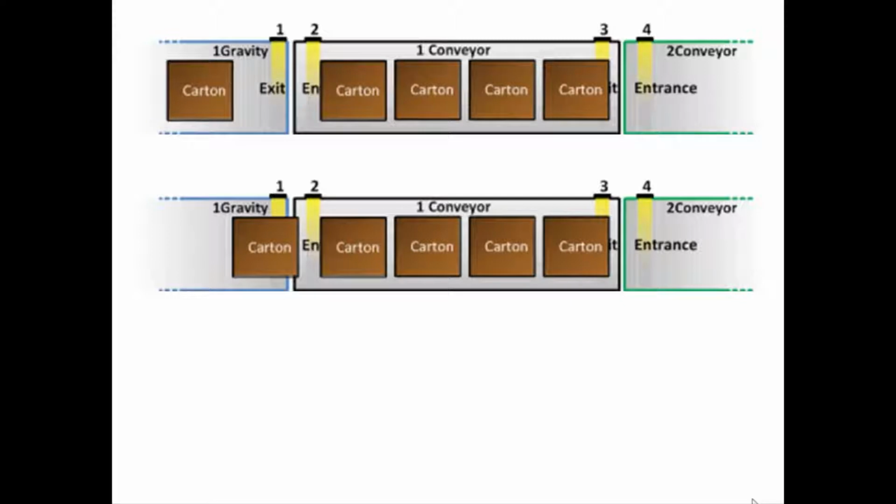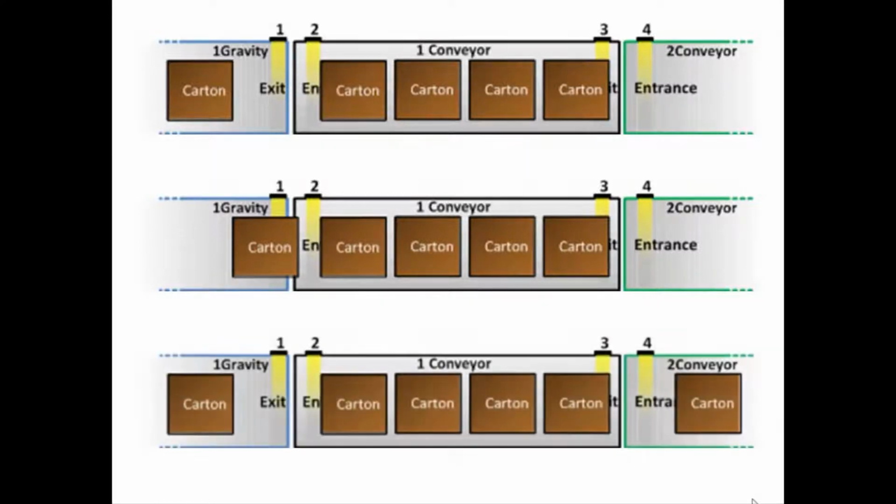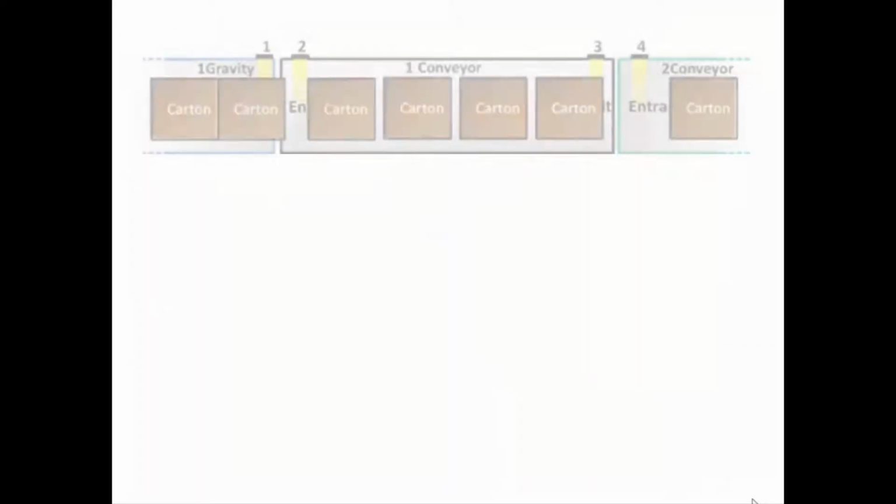But the system knows that there is a carton waiting to go onto one conveyor if one conveyor turns on. So if one conveyor turns on and takes a carton away, it pulls on that last carton, and now there's 4 again on one conveyor, and here comes another one down the gravity.